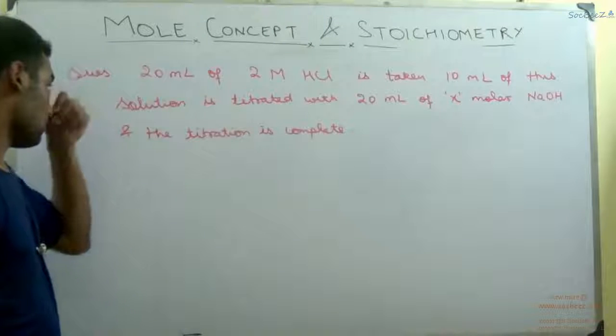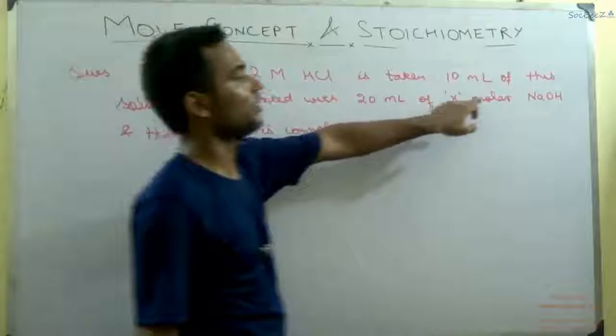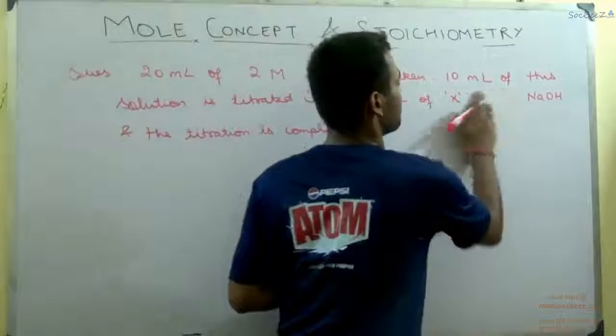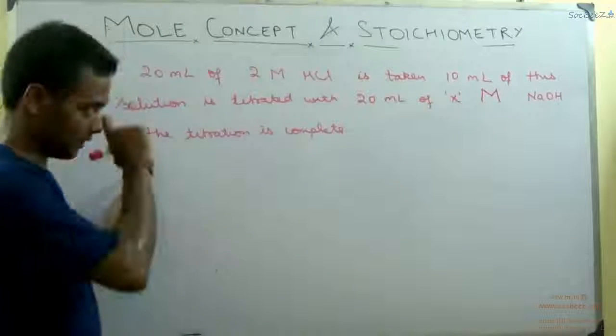Okay, so now, 10 ml of this solution is titrated with 20 ml of X molar NaOH, and the titration is complete.